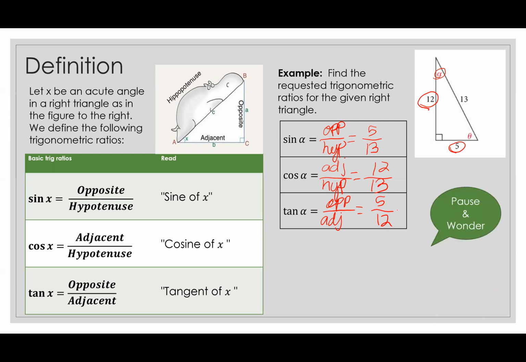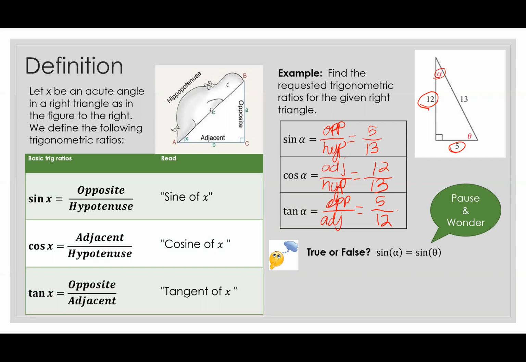Now I want you to pause and wonder about this question that I am posing to you. True or false? Sine of alpha is the same as sine of theta. Okay, so what do you think? Are they the same or not?